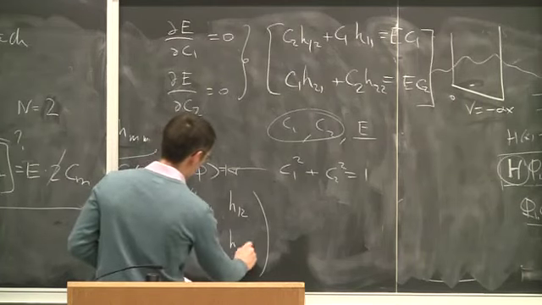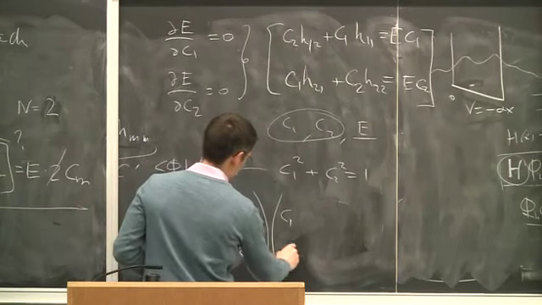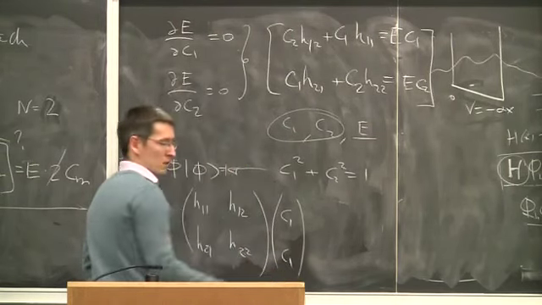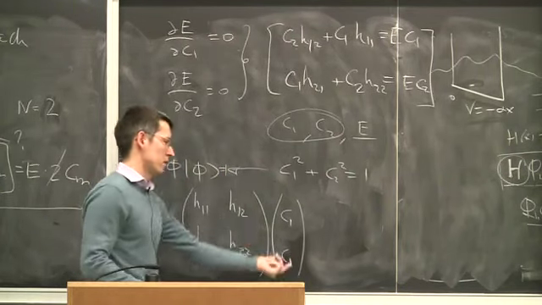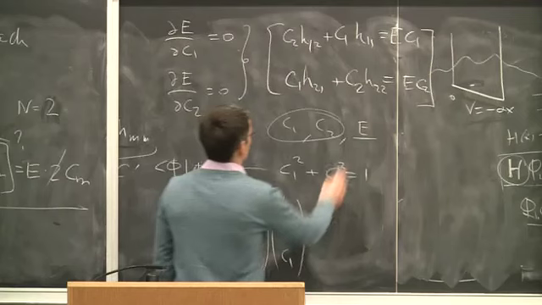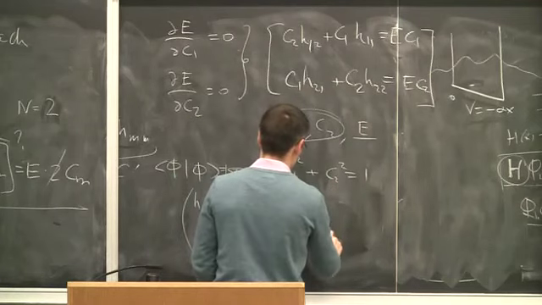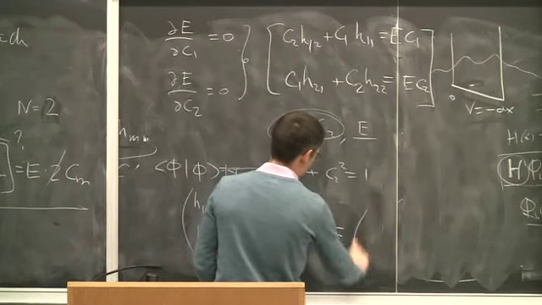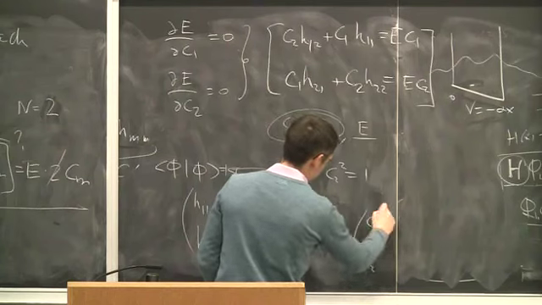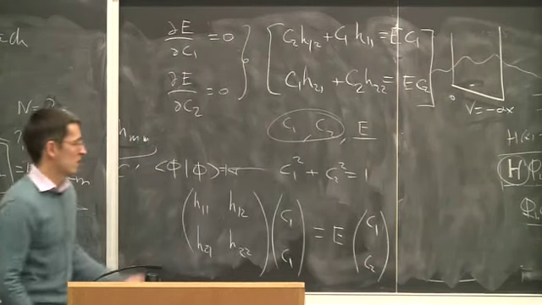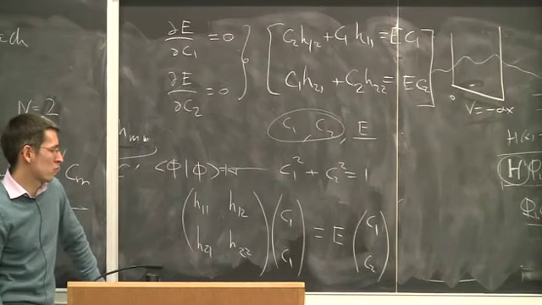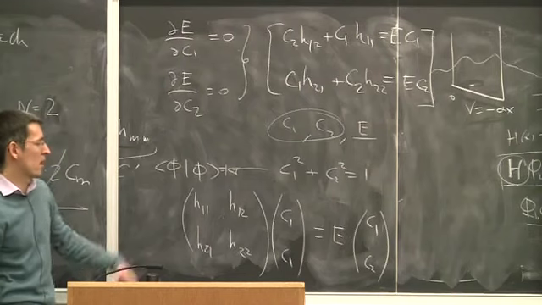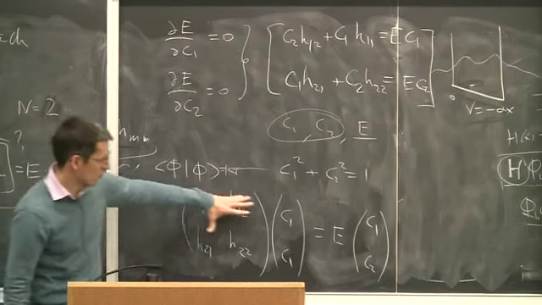H is a matrix, the coefficients here, and for those who study linear algebra, they know how to multiply a vector by a matrix. That will be exactly the left-hand side. And on the right-hand side, we have energy multiplied by a vector. And so this is a standard problem. And if you use some kind of software like MATLAB or a language like Python, there are libraries to solve these problems, even for larger matrices.